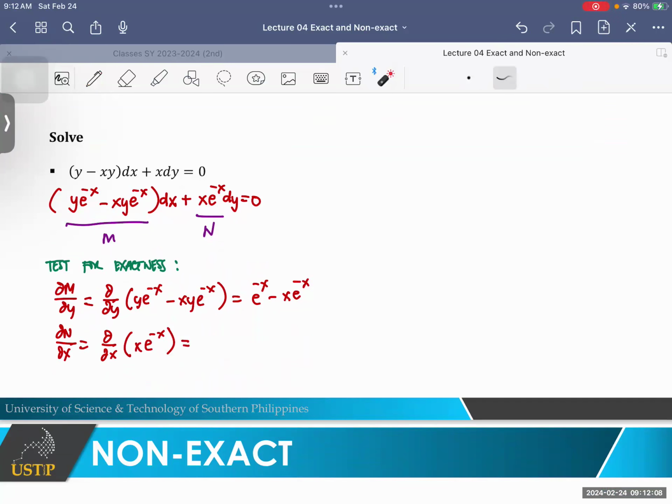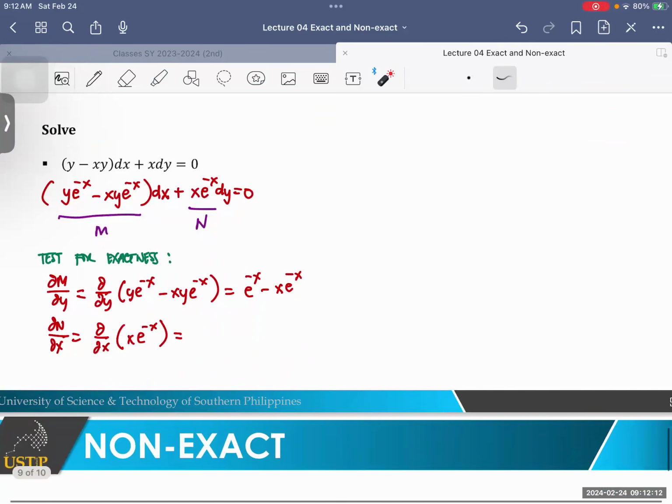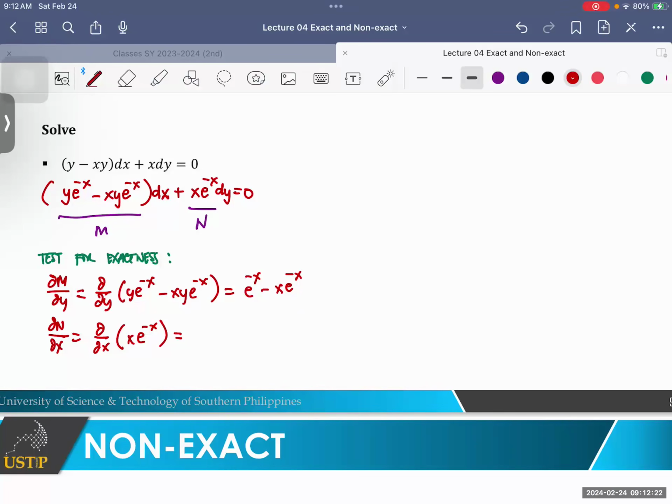Okay, unsa may tabuan ni? Since you are integrating partially with respect to x and tanang terms diha kay in terms of x, this is considered as one function, no, product of two functions. So we can use product rule for this. Okay, so copy the first function, x, differentiate e to the negative x, that will become e to the negative x multiplied by negative 1. I-chain rule na ninyo, kay naa kay negative na sa taas.